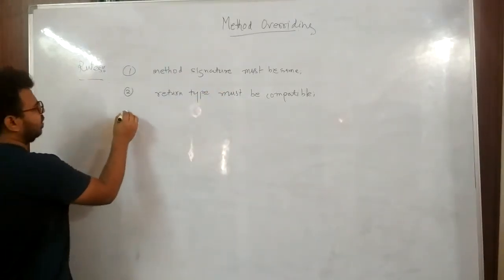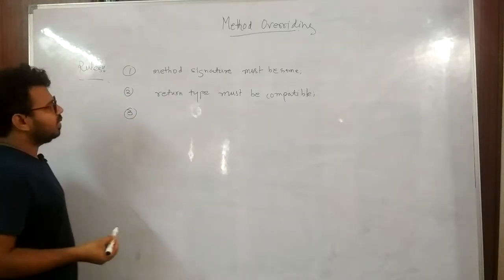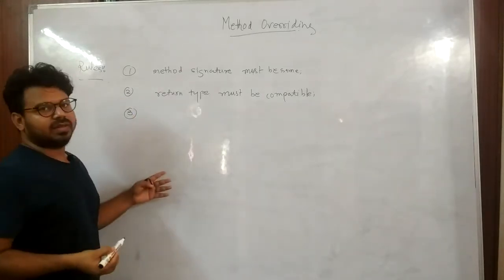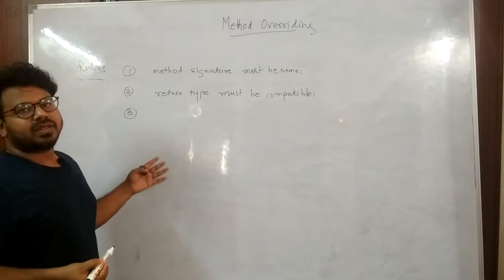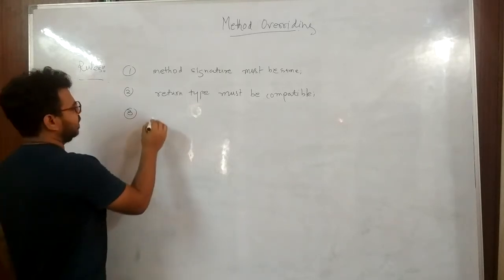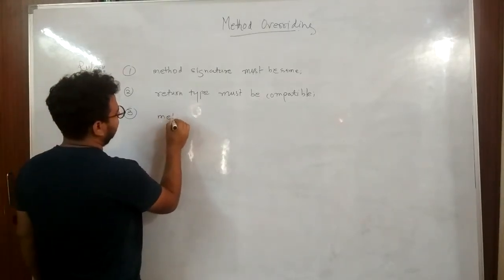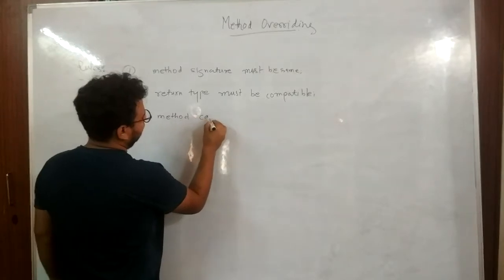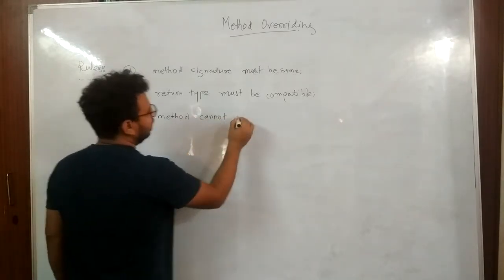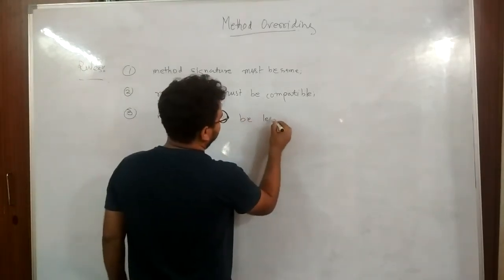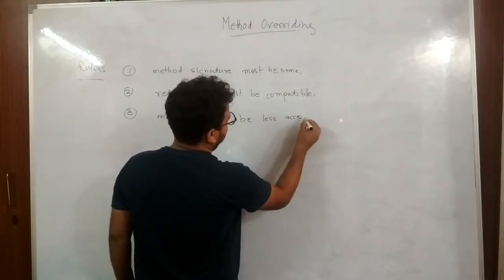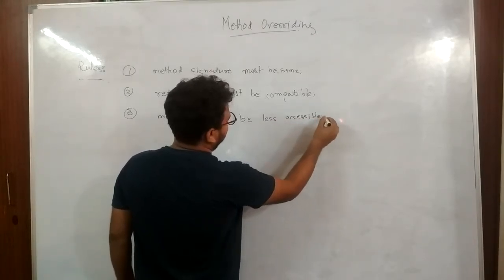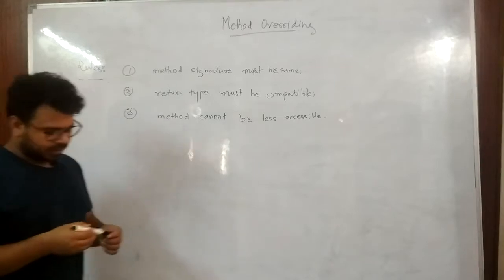What do these mean? And third, the method cannot be less accessible.